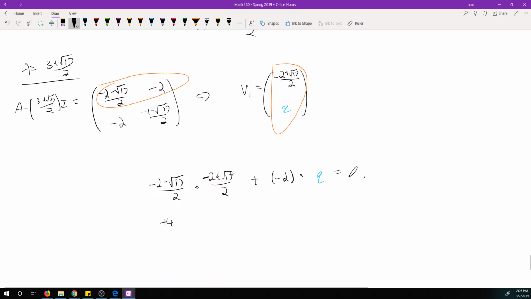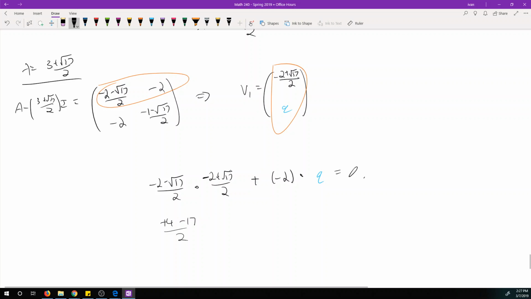The reason why you want the complex conjugate is because the square root 17 terms cancel each other out, and then you're left with minus a root 17 times a positive root 17. And then if you multiply them together, you get minus 17. So you get 4 minus 17, and then divided by 2.